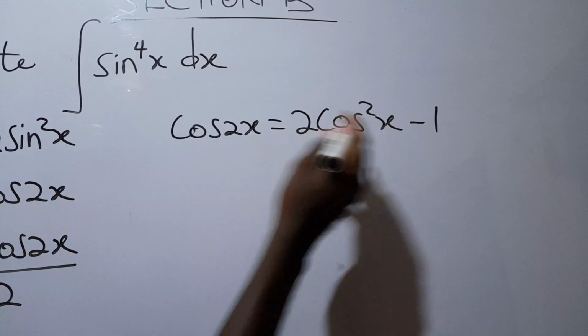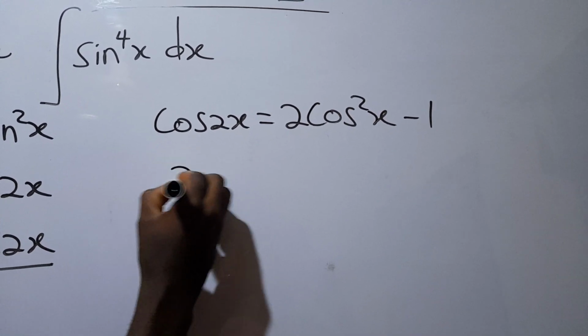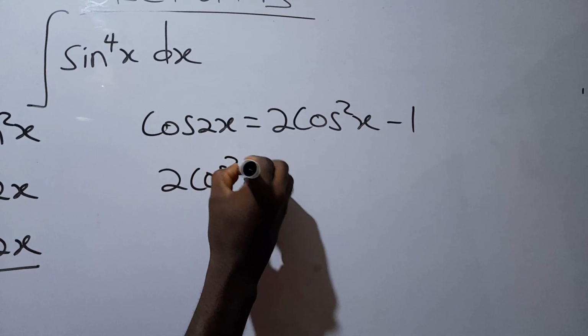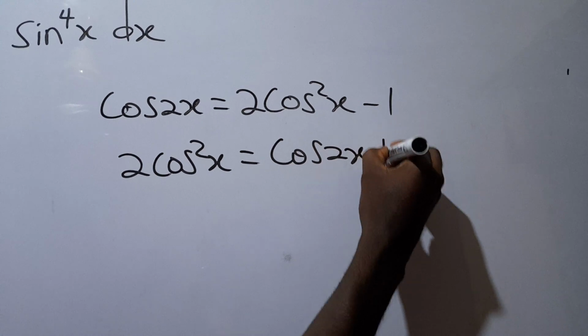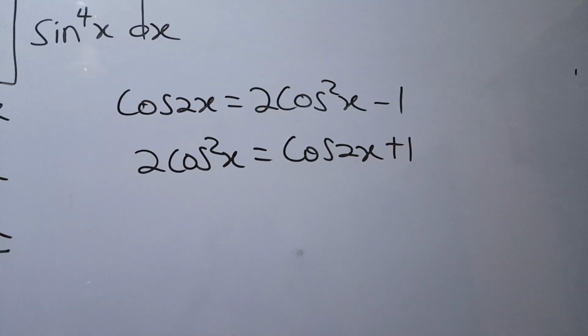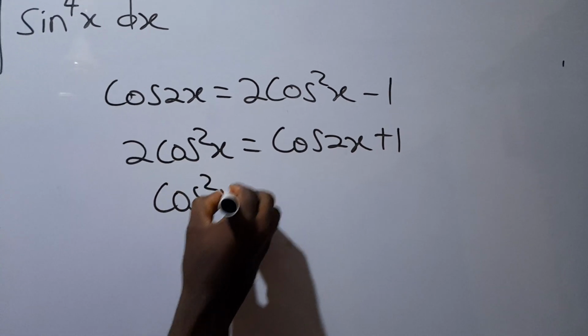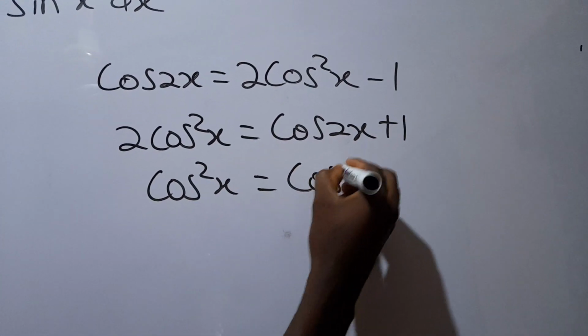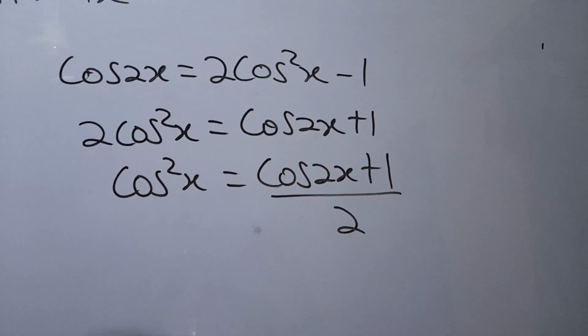So we can say that 2 cos square x will be equal to cos 2x plus 1. I brought the 1 here. I will divide both sides by 2. I can say cos square x is equal to cos 2x plus 1 all over 2.